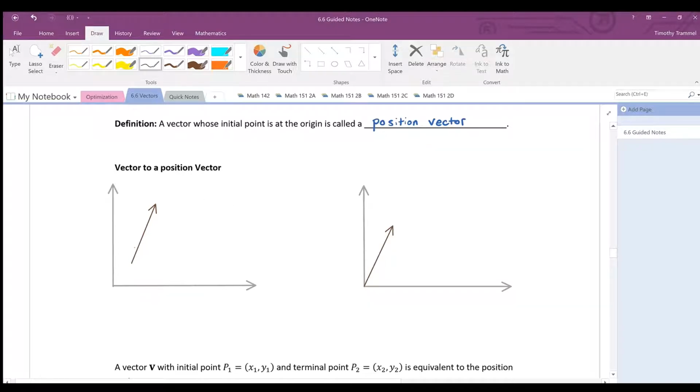And this thing is going to have a location where it starts and where it ends. Okay. And so let's just say that this is x1, y1. And we'll say our other point is x2, y2.